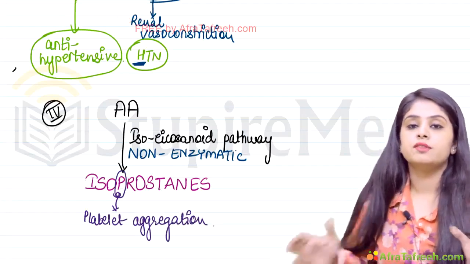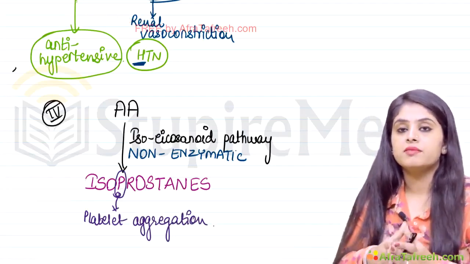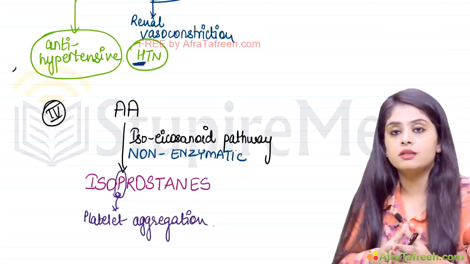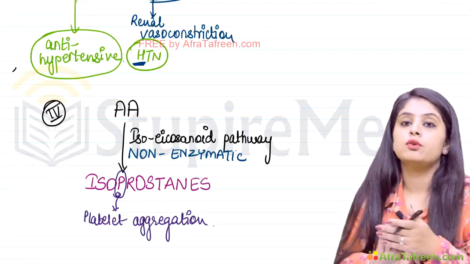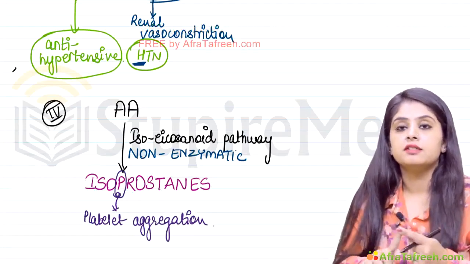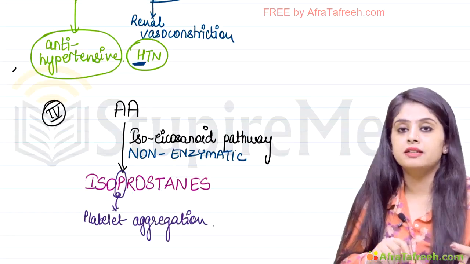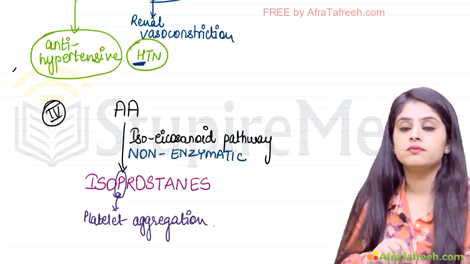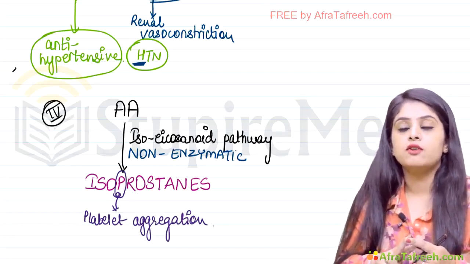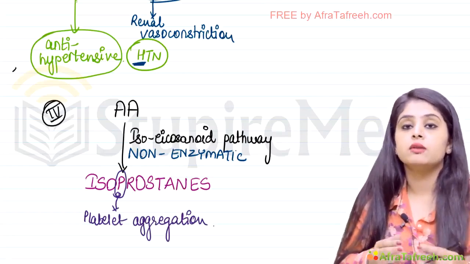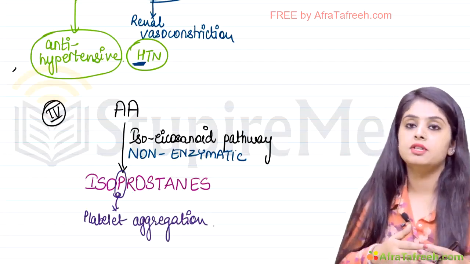So students, if we have to sum up, arachidonic acid metabolites that we did, very important for pathology as well as for pharmacology. Arachidonic acid can take primarily four routes. First, the COX pathway. It will result in the formation of prostaglandins and thromboxane A2. Second is the LOX pathway. It will result in the formation of leukotrienes, which are pro-inflammatory, and lipoxins, which are anti-inflammatory.